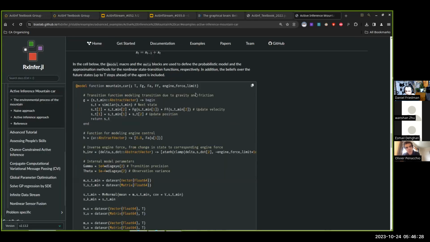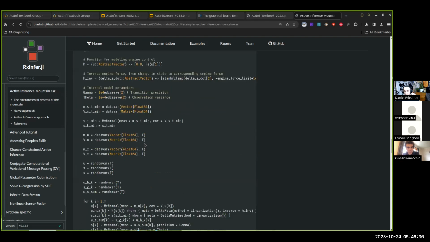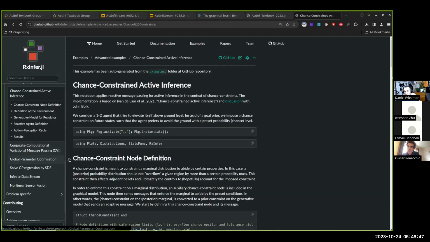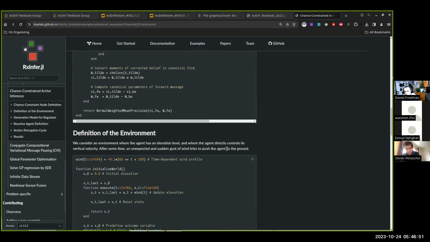then RxInfer is a general Bayes graph implementation approach, which allows you to specify the Bayes graph, and then under the hood, I believe, flips it into the message passing format and actually does the inference with message passing.